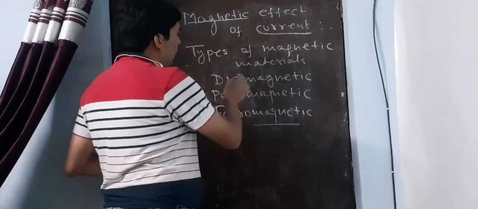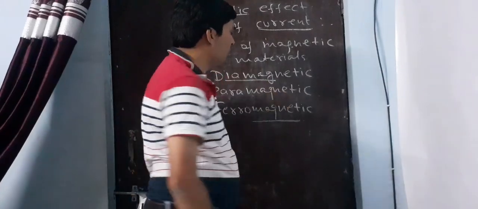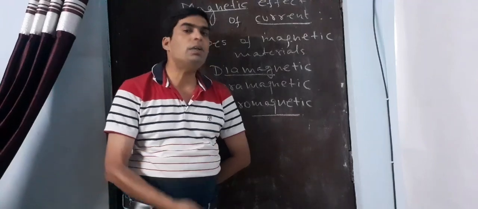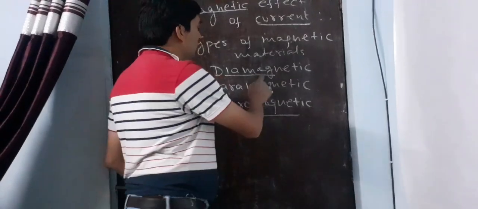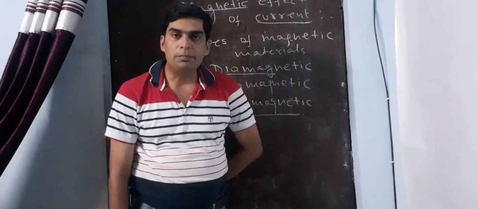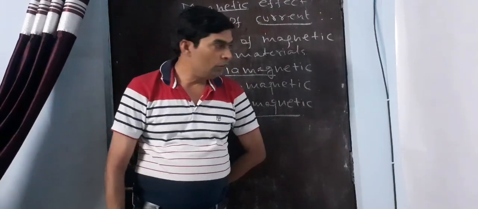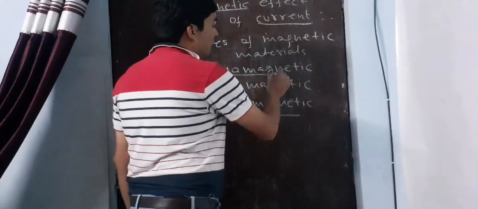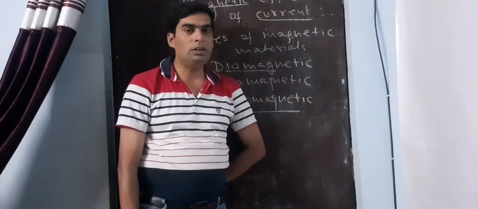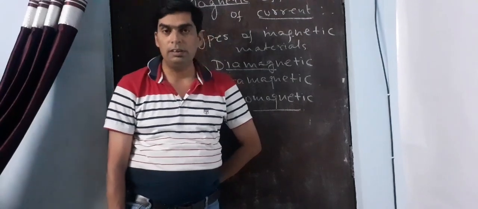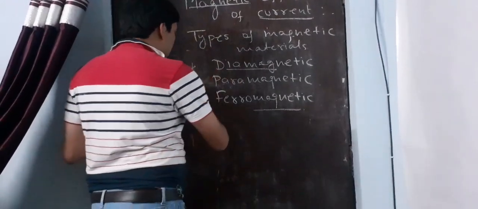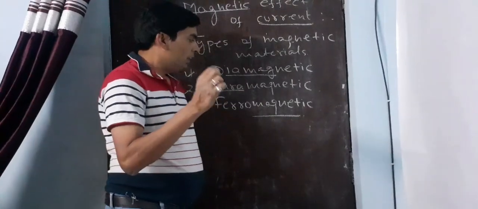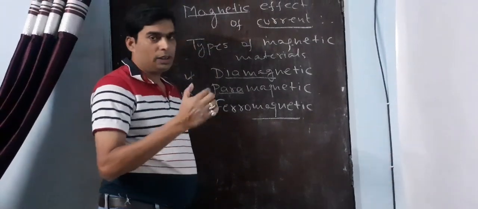Materials which show extremely small, or you can say negligible, attraction towards a magnet are known as diamagnetic material. In preparing electrical equipment, these elements are rarely used because they don't show any attraction towards the magnet. Second is paramagnetic material: materials which show extremely less attraction, but they do show attraction.